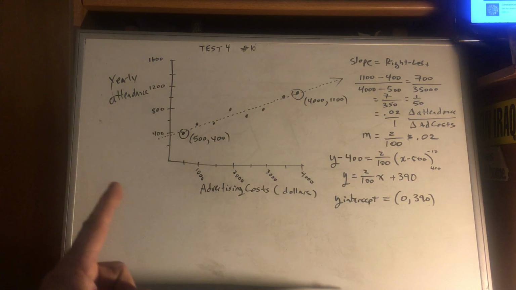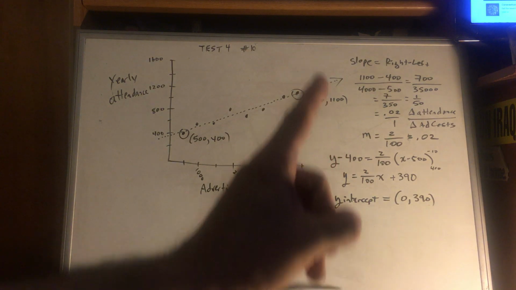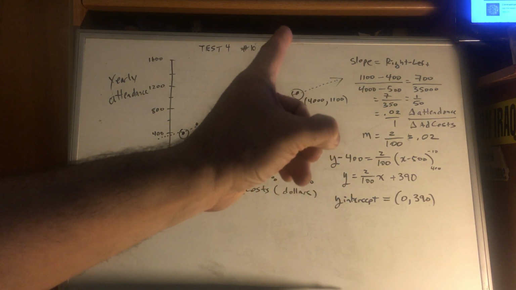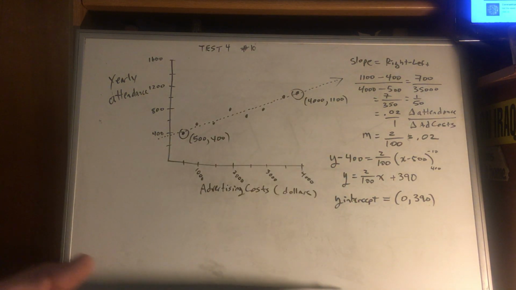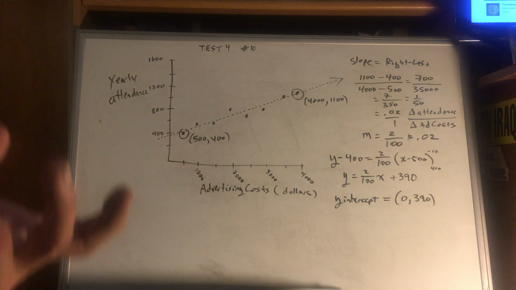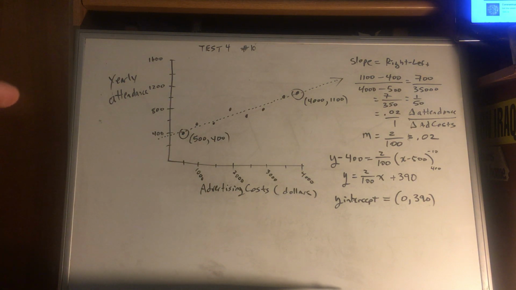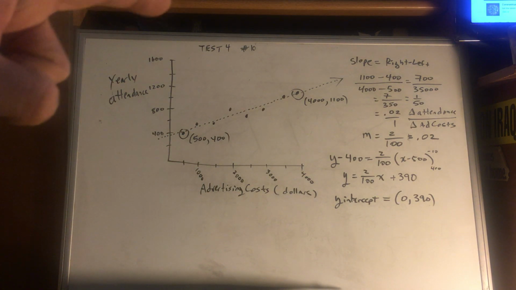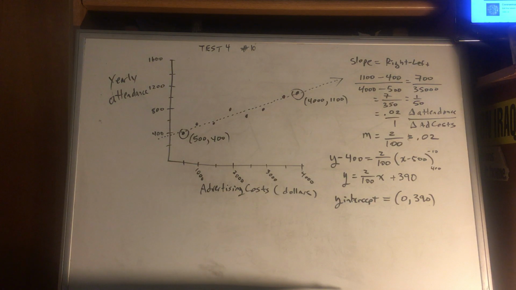So more spending on advertising does correlate with an increase in attendance, but how much? How much do you have to spend for a certain amount of attendance increase on average? Well, you can see the dashed line, that's the line of regression, or the line of best fit, or the trend line, which is probably more accurate.